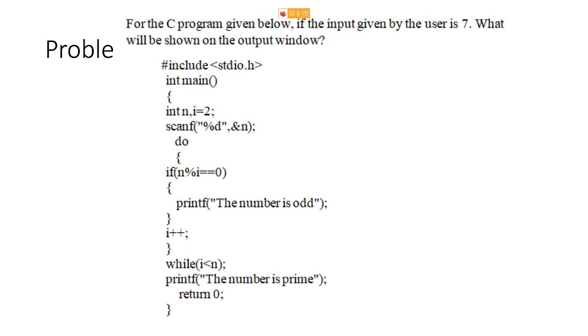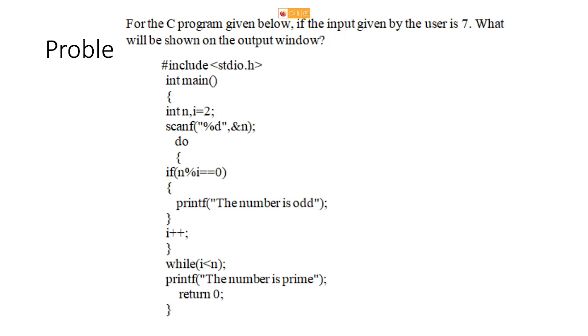So now we enter into the do loop. The if does not give the true condition, as 7 modulo 2 is not equal to 0. So there will be no execution of the printf. Now the value of i will increment. i will be 3. Right.